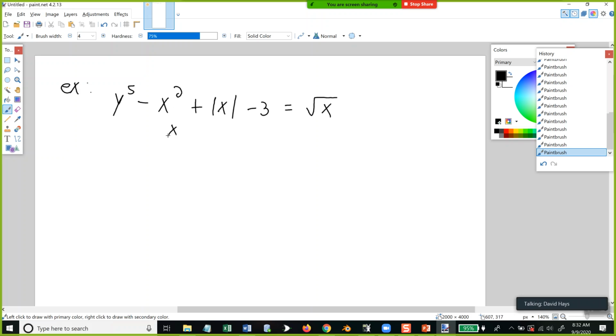Well, I could plug in x equals 0 and see if it gives me two different y values. I could plug in x equals 1, see if it gives us two different y values. X equals 2, see if it gives us two different y values.